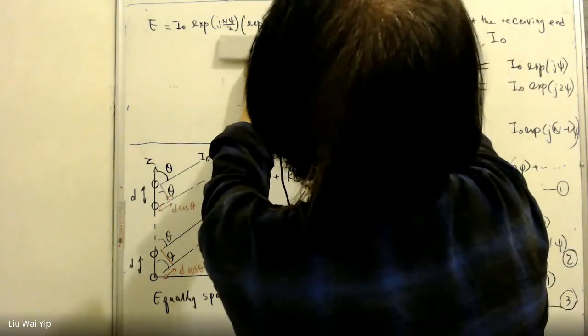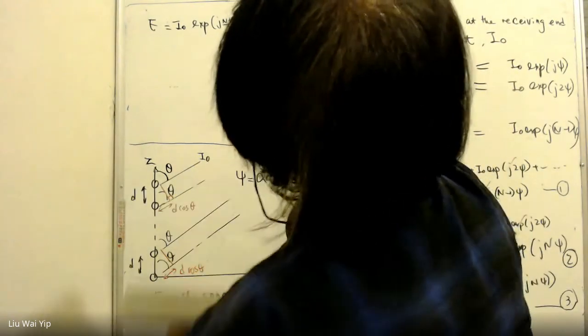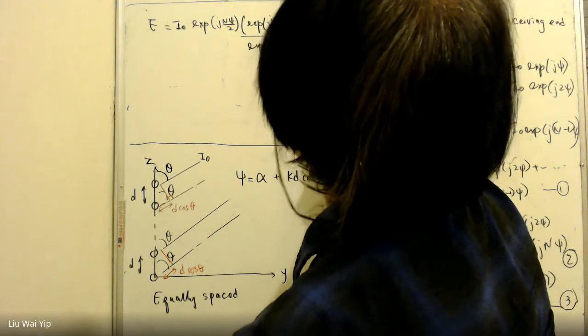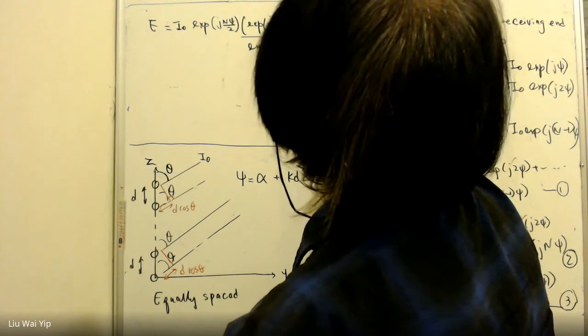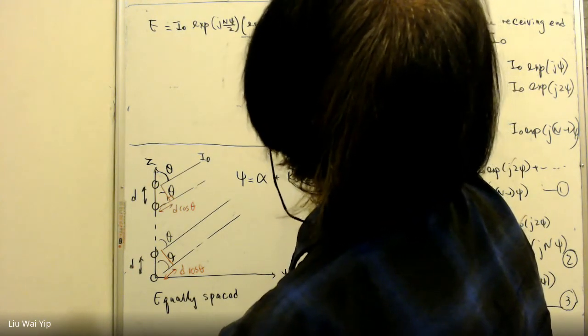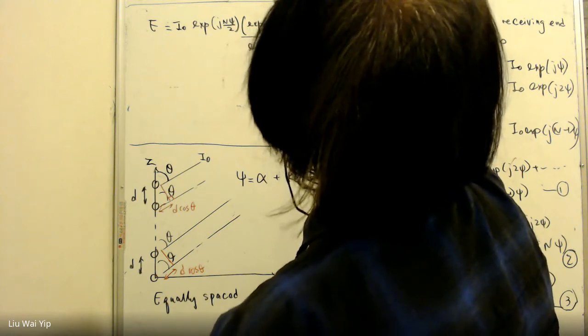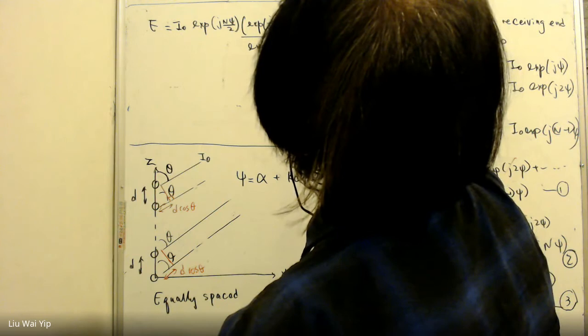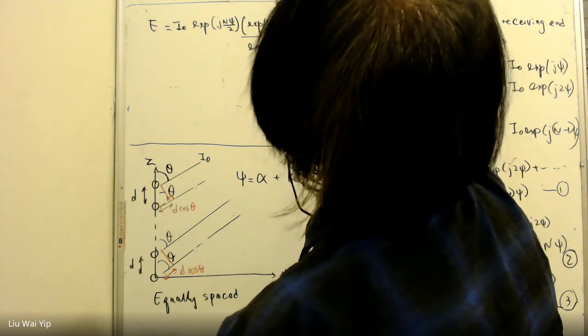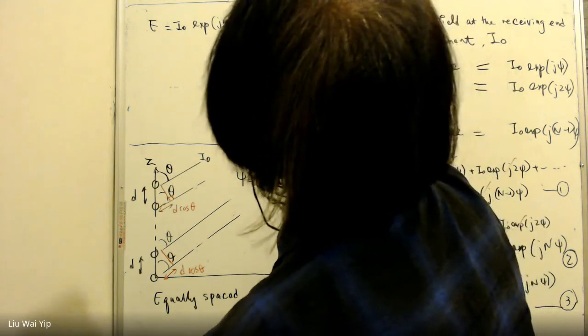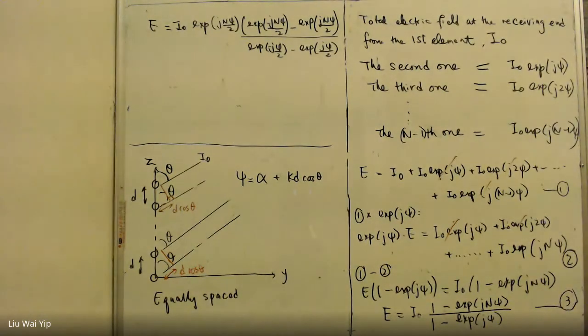The bottom of this expression is going to be e to the j phi divided by 2, and then e to the j phi divided by 2, and you have to remember there's a minus here.